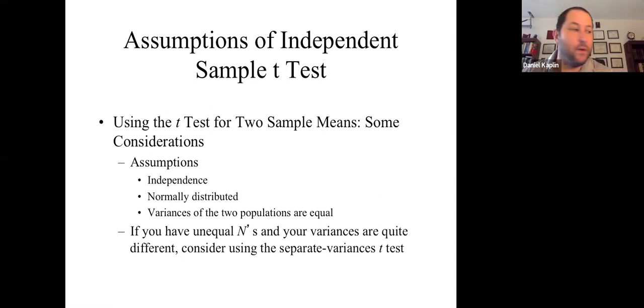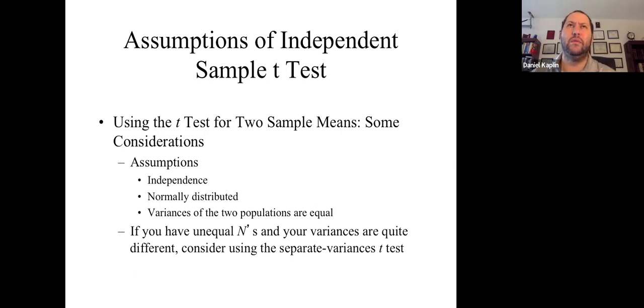I want to finish our assumptions of the independent samples t-test, and then we can shift over to the dependent samples t-test. What are the assumptions that must be met in order to use an independent samples t-test? The first thing is that the groups have to be distinct. They have to be independent from one another, hence the name.